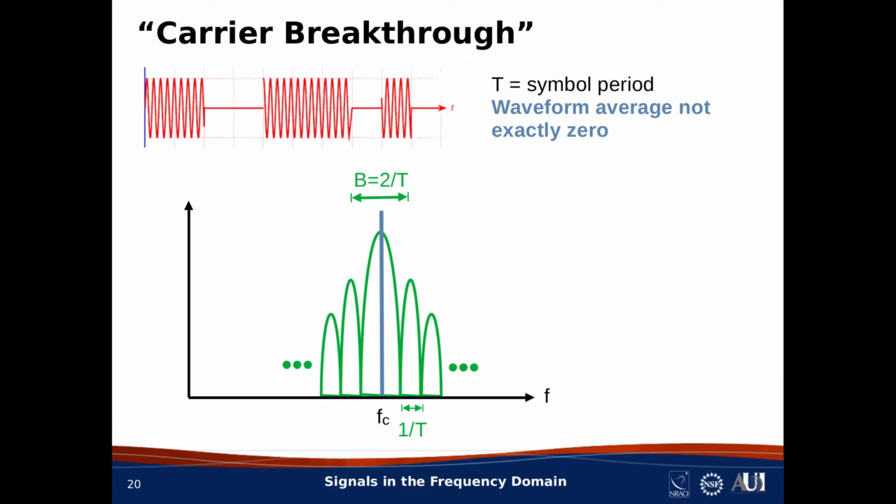This leads to the condition illustrated in this slide, known as carrier breakthrough. When you have carrier breakthrough, the signal is essentially the sum of an ideal version of the signal, as shown on the previous slide, plus a residual amount of carrier that is unmodulated. You end up with spectrum as shown here, which is the same as before, except now with that little piece of carrier poking up at the center frequency.